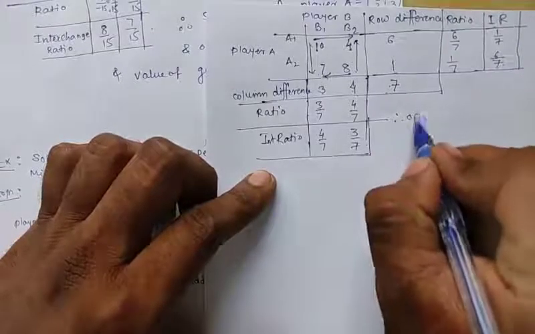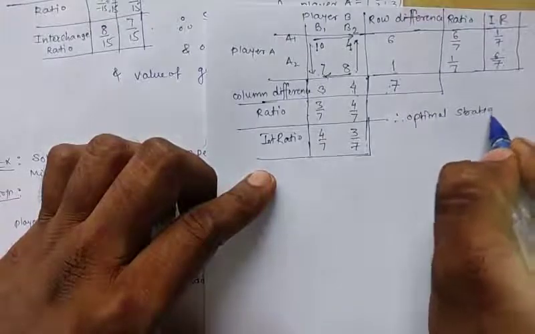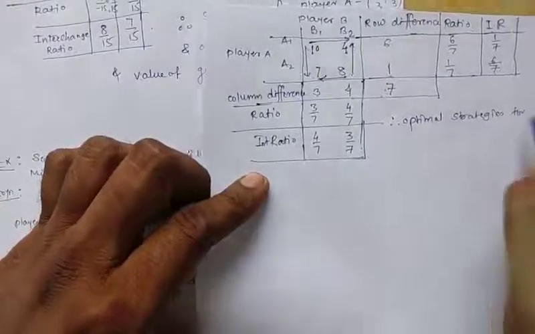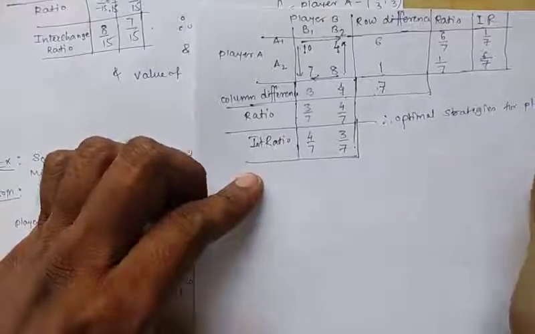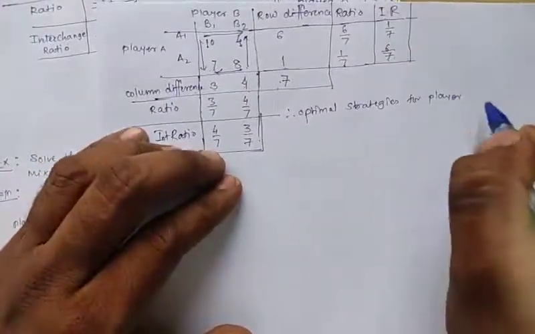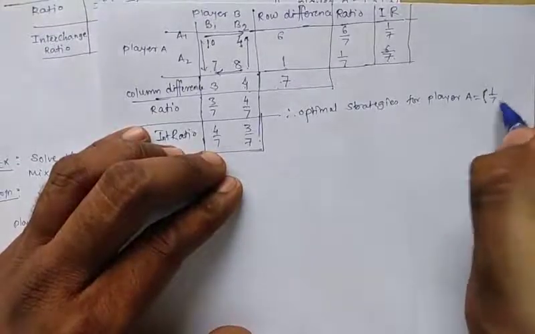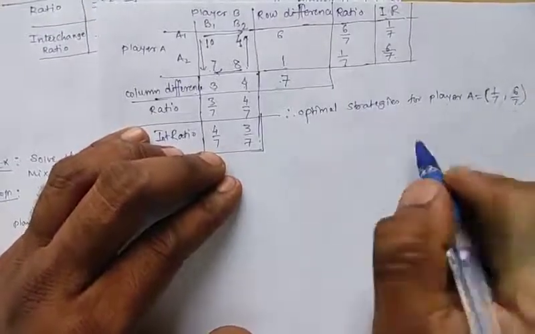Therefore, optimal strategies for player A is equal to 1 by 7 and 6 by 7.